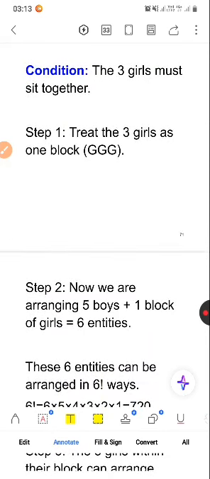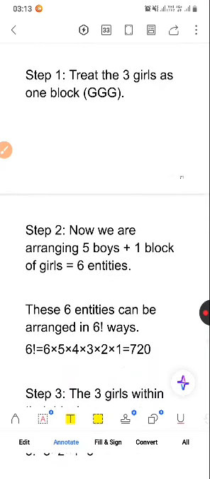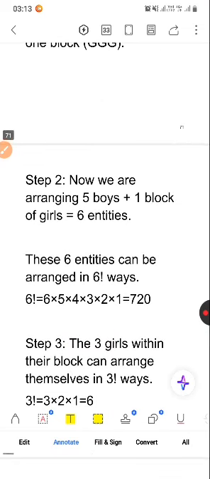Now after that, these 3 girls that are being treated as one, how many ways can they be arranged among themselves? First, you have to treat the 3 girls as one block. Then step 2, we are arranging 5 boys plus 1 block of girls, equal to 6 entities.